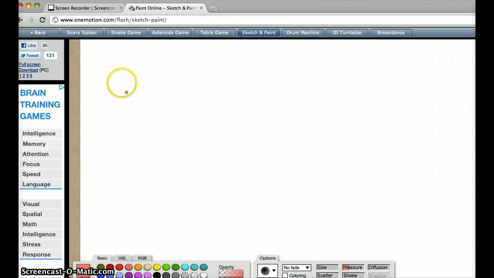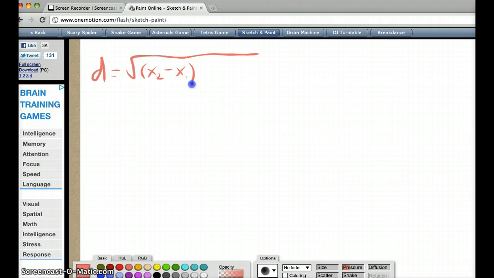So the distance formula, let's use a D for distance, equals the square root, okay, of x2 minus x1 squared plus y2 minus y1 squared.